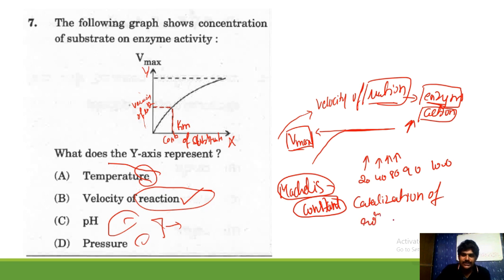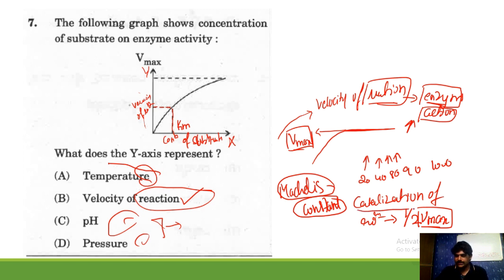Here it is shown at half V max, that is half of the time taken by the catalyzation. During the velocity of reaction at maximum, so half of it.